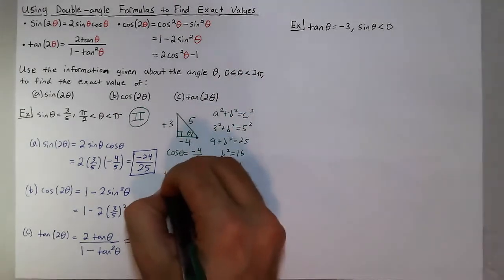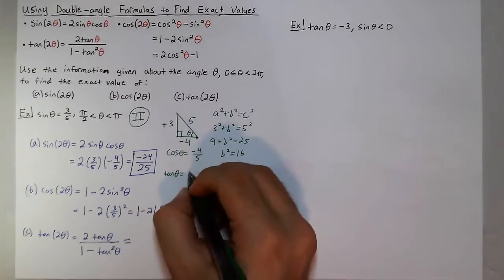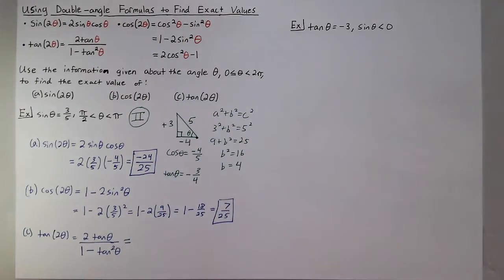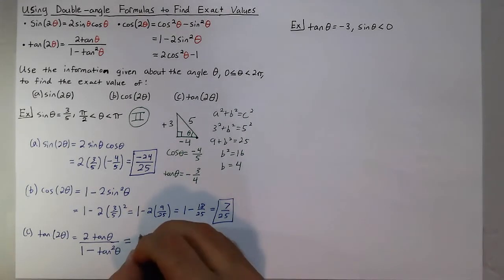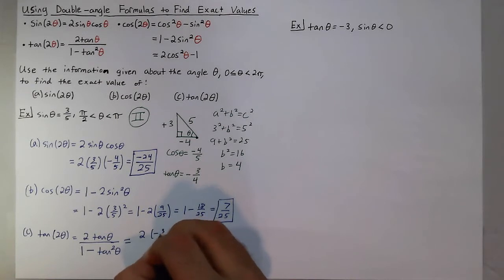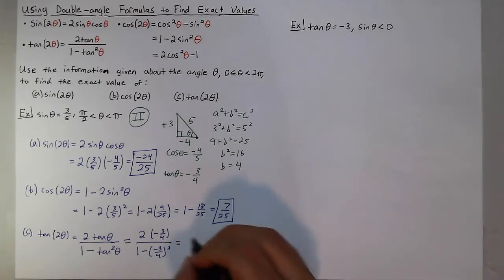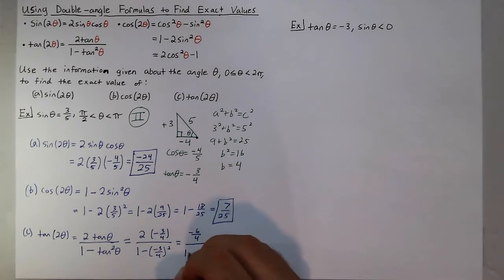So tangent of theta is equal to 3 over -4, so -3/4. And I can go ahead and plug in -3/4 for tangent. So I'll get 2 times -3/4 over 1 minus -3/4 squared, giving me -6/4 over 1 minus 9/16.